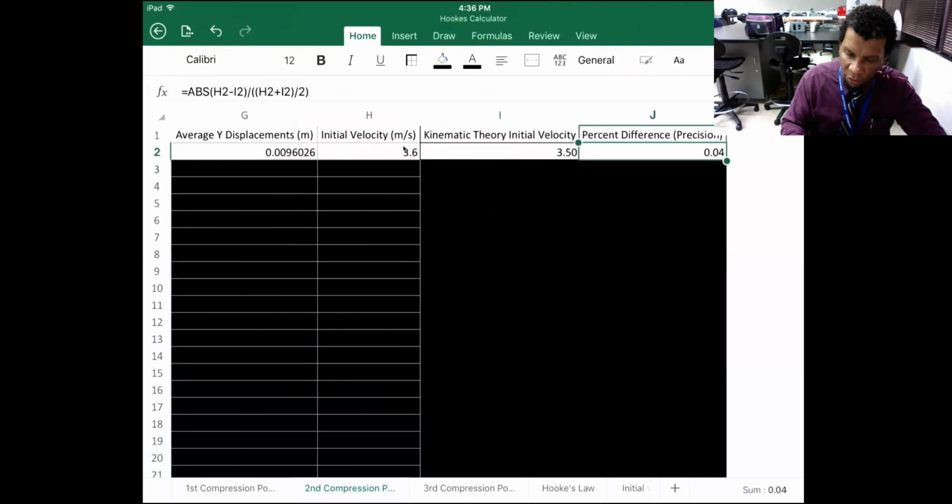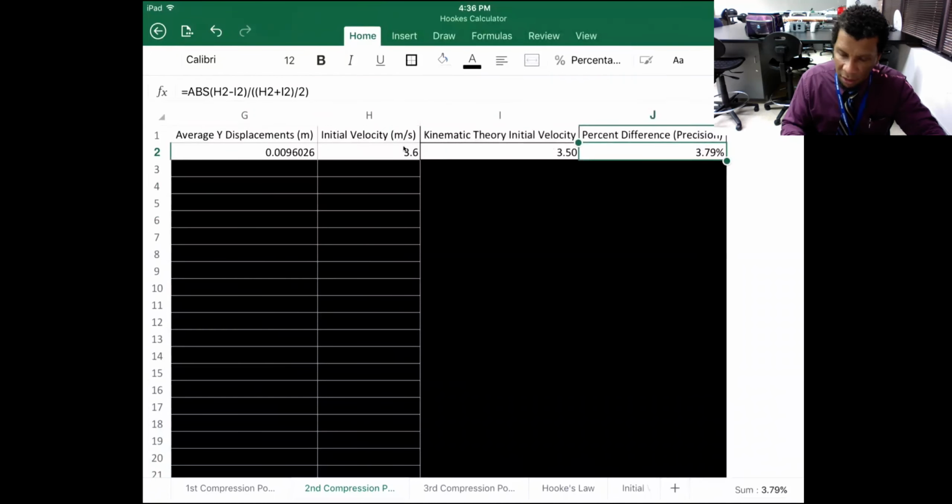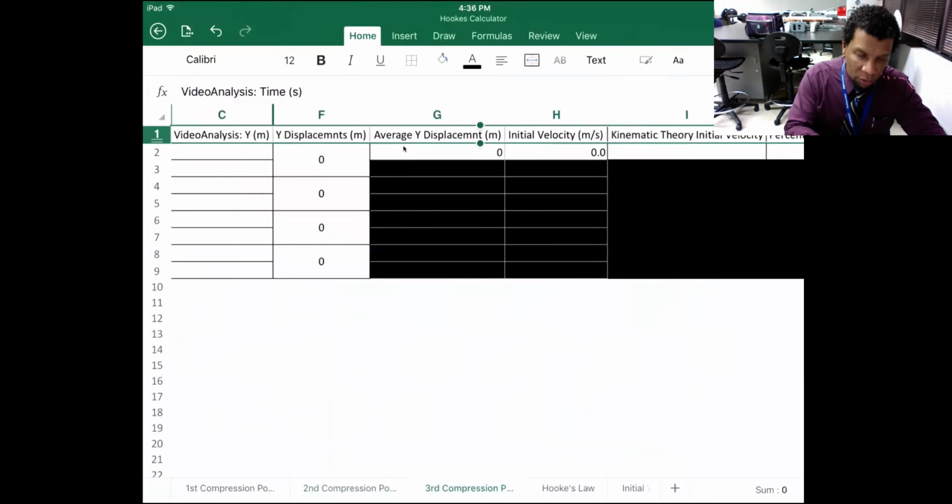And you'll see the percent difference is still coming up as a non-percentage. So let me just select the formatting, and the formatting is coming out to be 3.79. That's really good. And then we'll do our last one here.